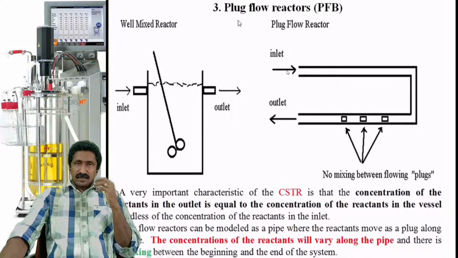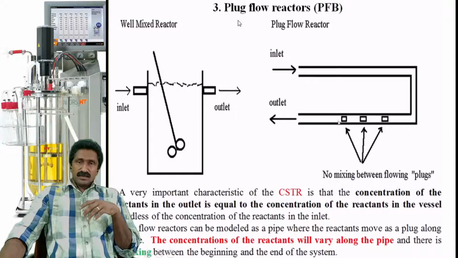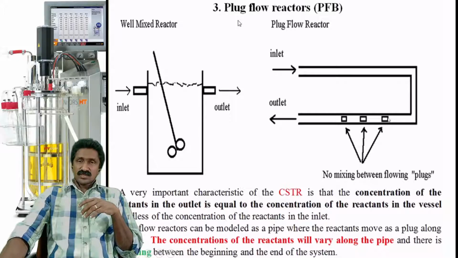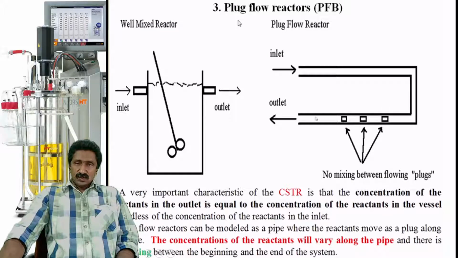Now, in the case of a plug flow reactor, there will be an inlet and outlet, which will be a long tube, and there are various plugs arranged, in which the substrate is provided. So the medium will flow through this tube, and the reaction is actually occurring at the different plugs arranged in the tube.